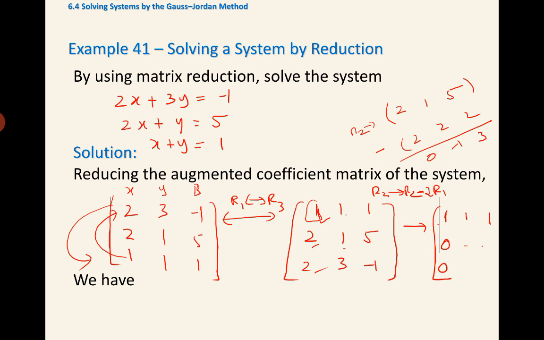So 0, minus 1, 3. And finally, for R3, the operation will be again R3 minus 2R1. So R3: 2 minus 2 is 0, 3 minus 2 is 1, minus 1 minus 2 is minus 3.